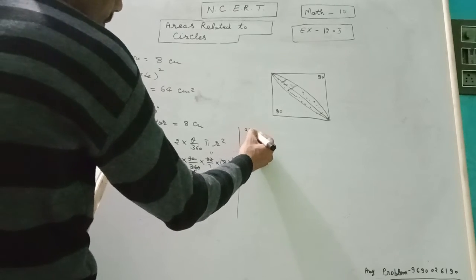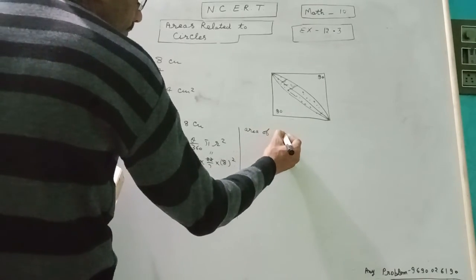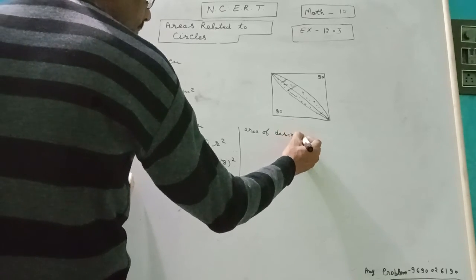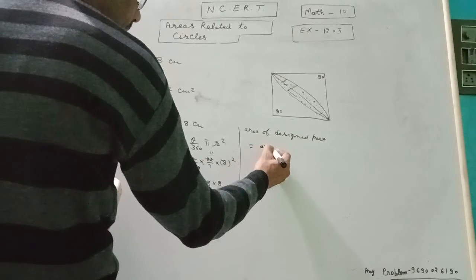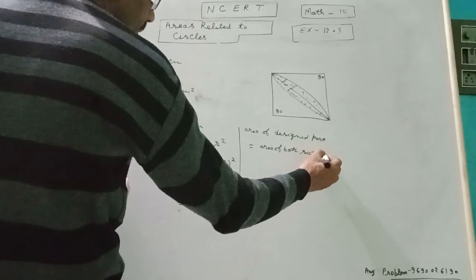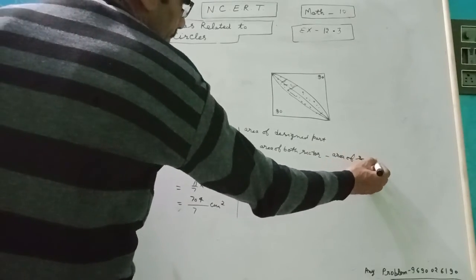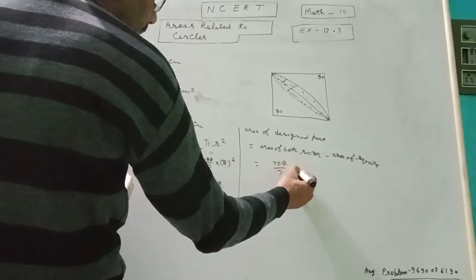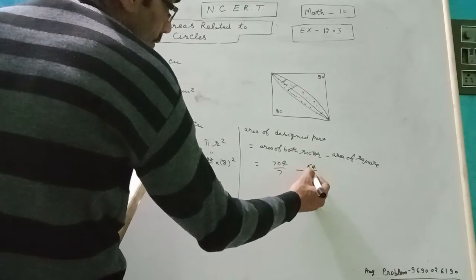To find the area of the design part, it is equal to the area of both sectors minus the area of the square. 704 upon 7 is the area of both sectors, and 64 is the area of the square.